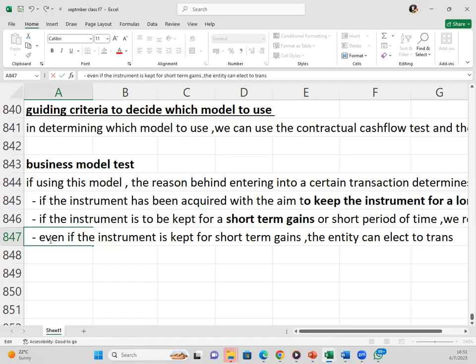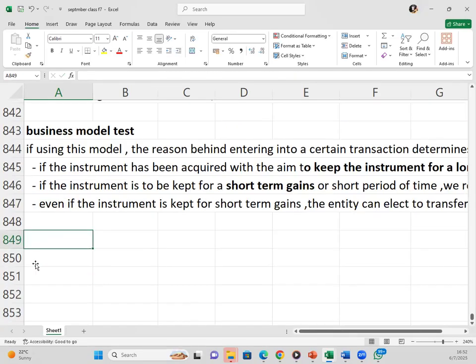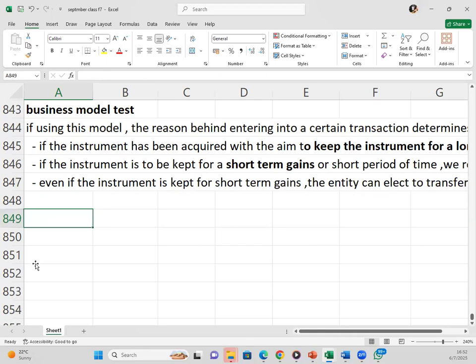This is upon election. Any gains that arise are not charged to profit but to other comprehensive income, and other comprehensive income is not part of the taxable amount.